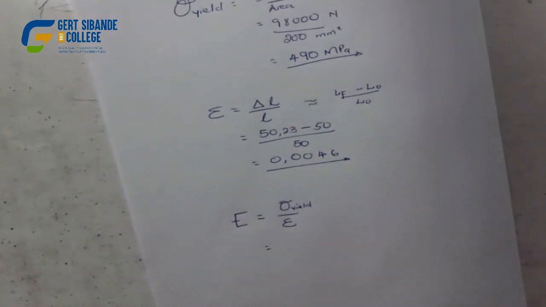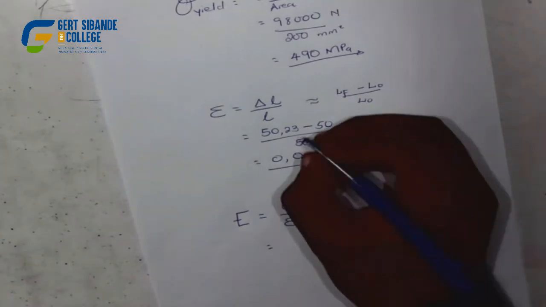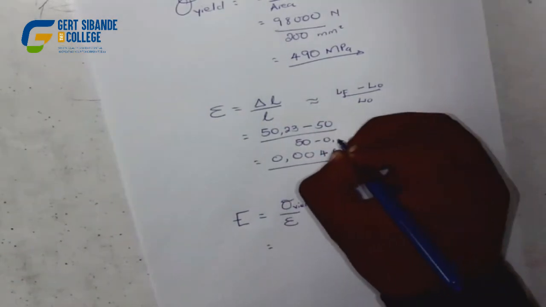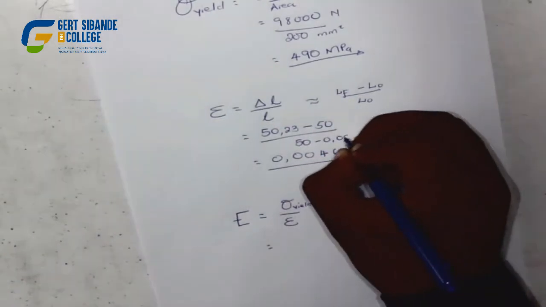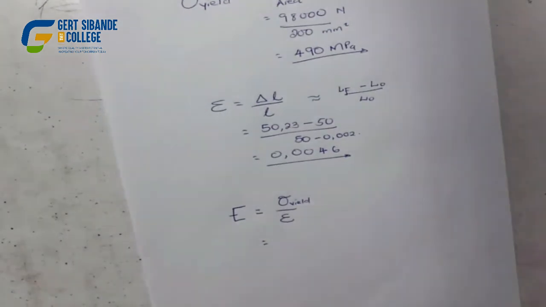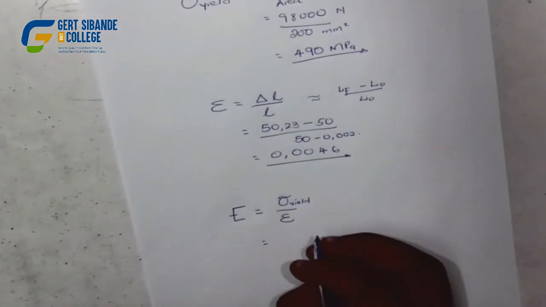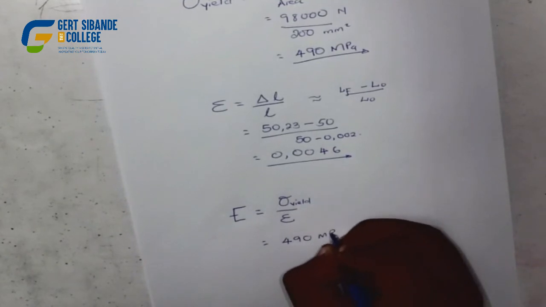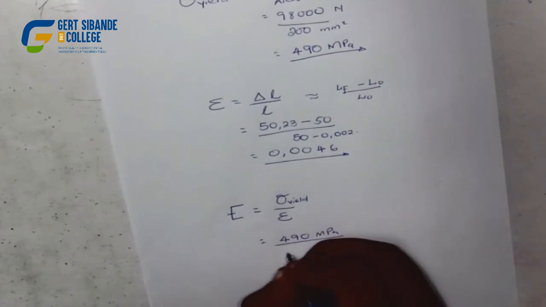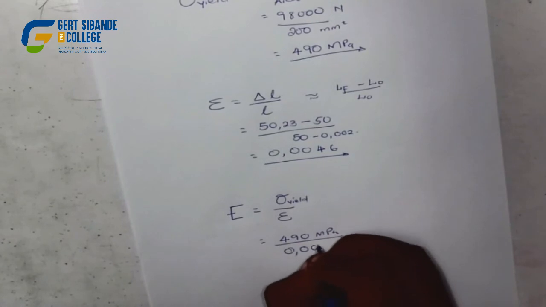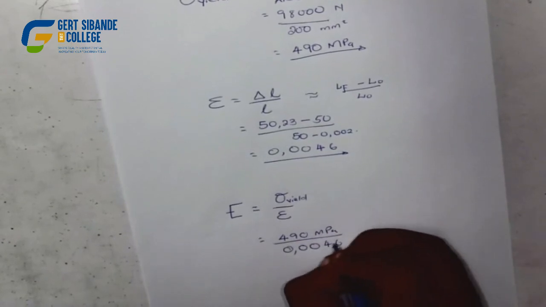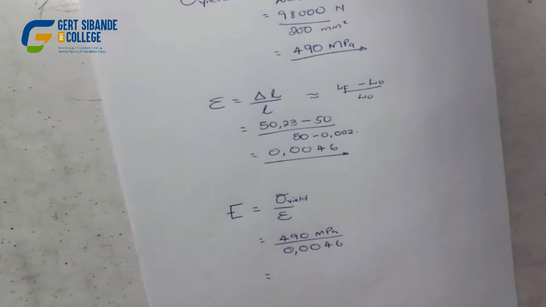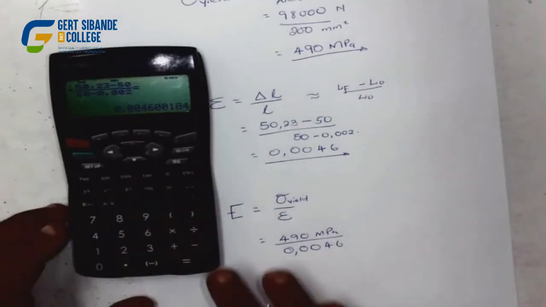So I have 490 megapascals divided by 0.0046, and that will give me the answer if I punch that in.